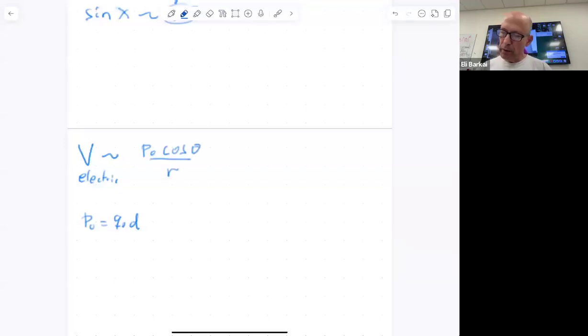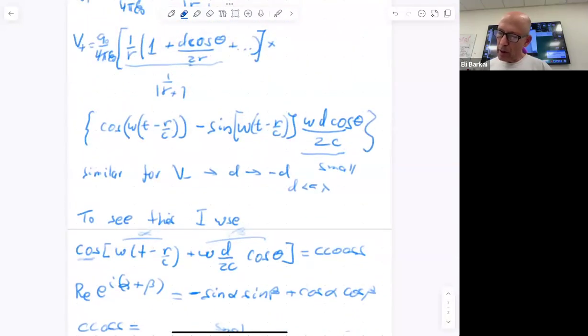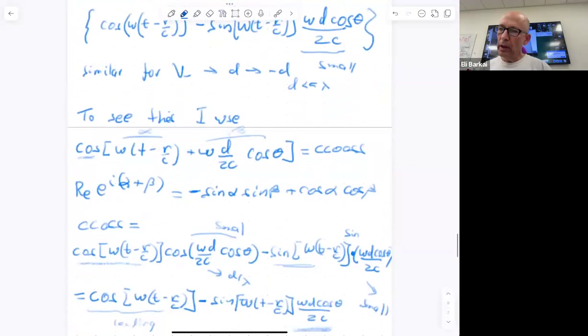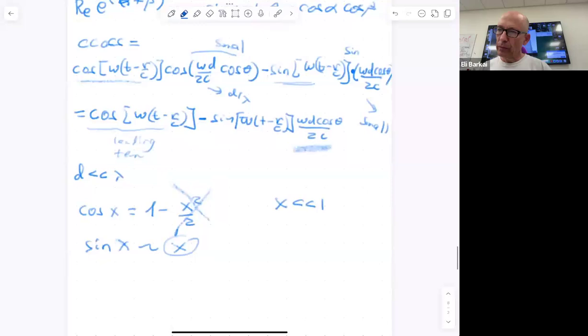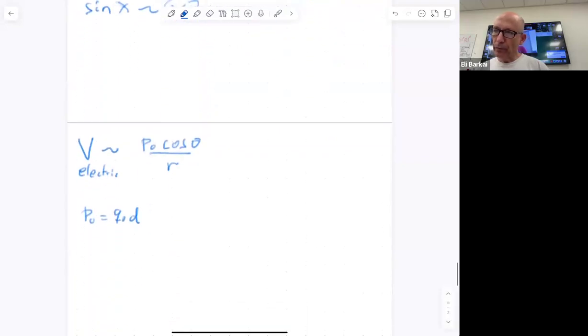1 over R. You see this cosine theta appears everywhere in the expansion. Okay, 4 pi epsilon 0, 1 over R. And here I have minus omega over c.